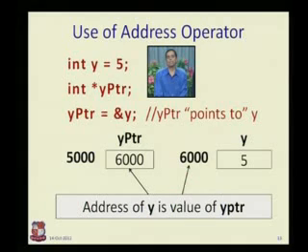But we need to remember this, yptr is containing the address of the variable y after the third line. When we execute yptr is equal to ampersand of y, then yptr contains the address of y, that is 6000. So that is mentioned here, that address of y is the value of yptr. That is how we use this address operator.